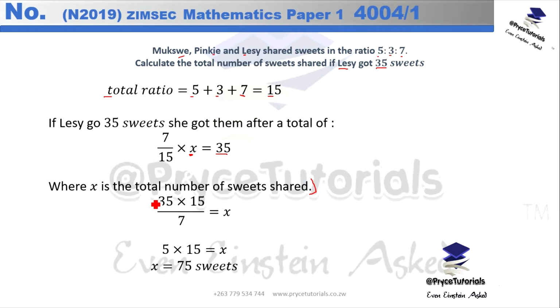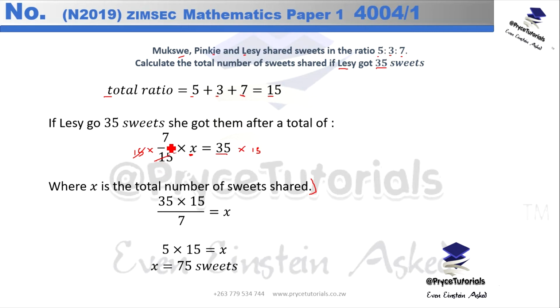So I'm going to multiply 15 on both sides. If I multiply 15 on both sides and I cancel the 15s here, I'm left with 35 multiplied by 15, and then this is divided by 7, so that I get x here.